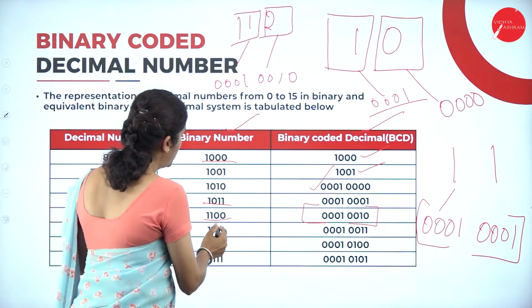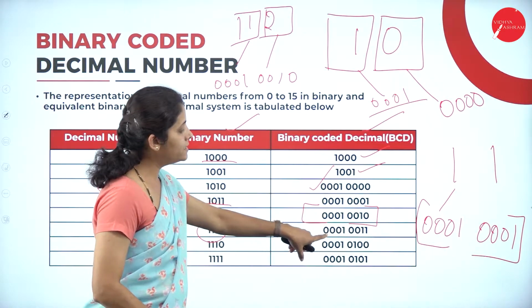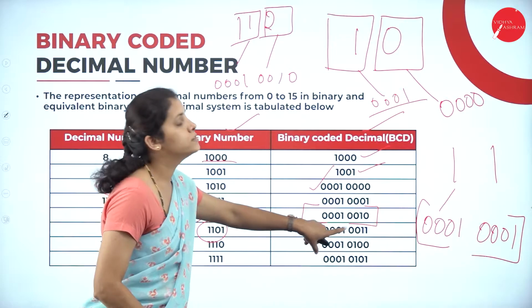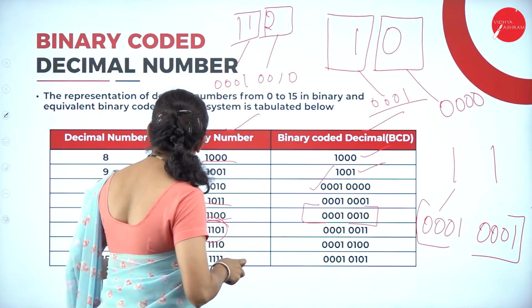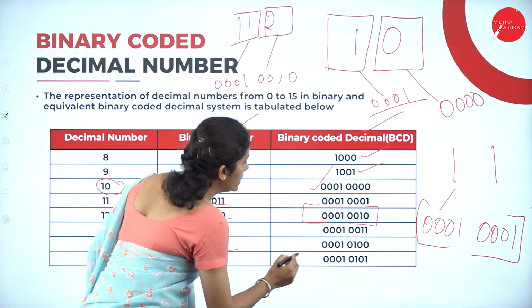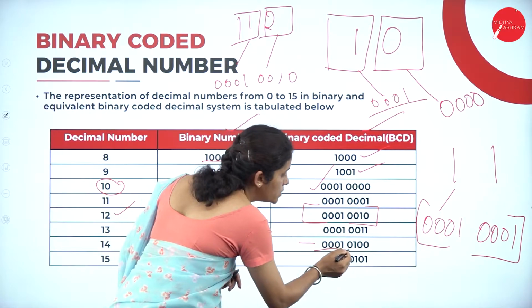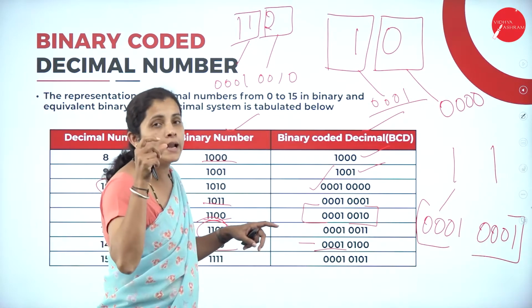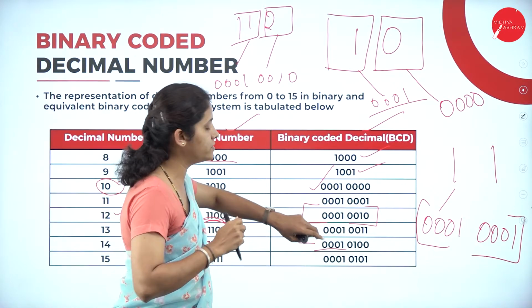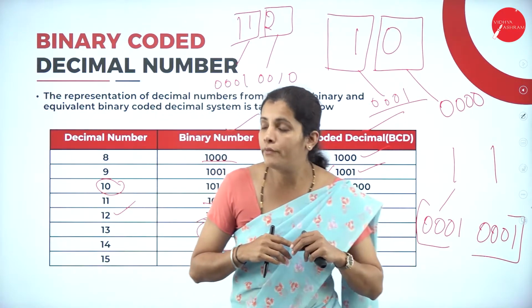Then 13, what's the binary representation? It is 1101, whereas in BCD it is 0001 0011. So, for the decimal number 14, the binary is 1110. Then what about BCD? It is 0001 and 0100. That means for 1, I'm going to write the BCD representation, then I'm going to write the BCD representation for 4.